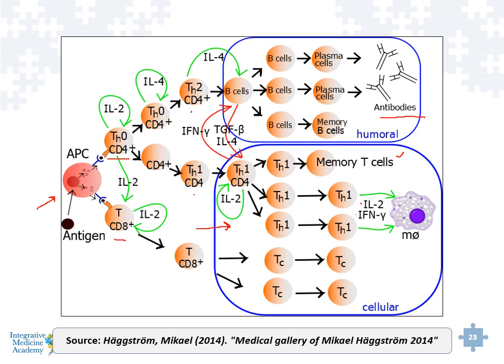It even communicates with T cytotoxic cells, which go off and directly kill a cell, for example, one that might be virally infected. So interleukin 2 helps regulate communication between the humoral and the cellular immunity, but it also has a link back to the innate immune system.